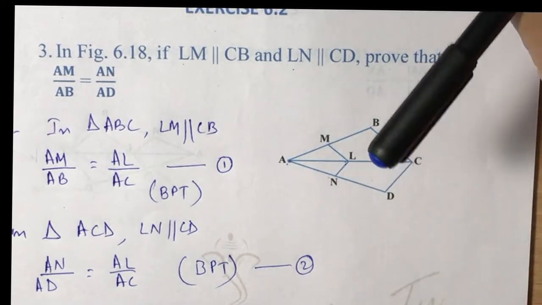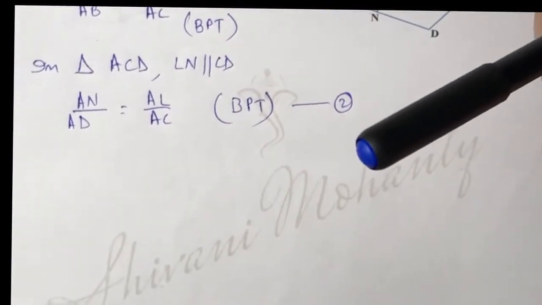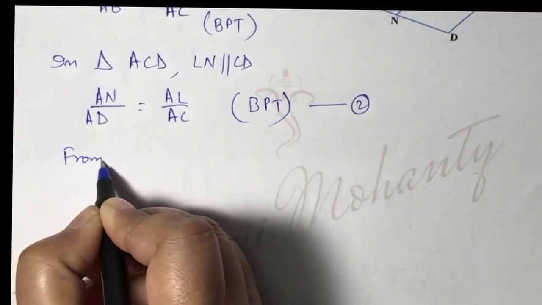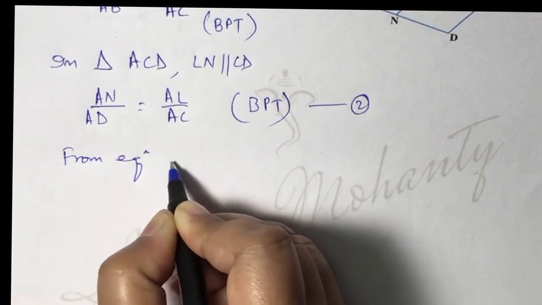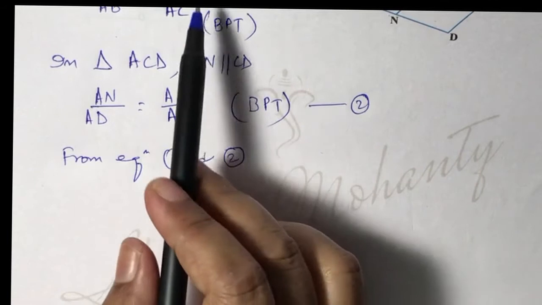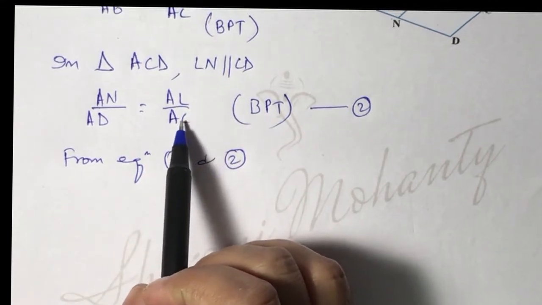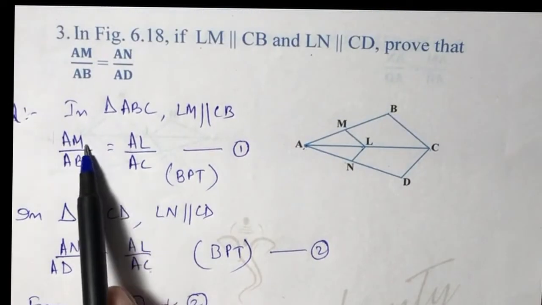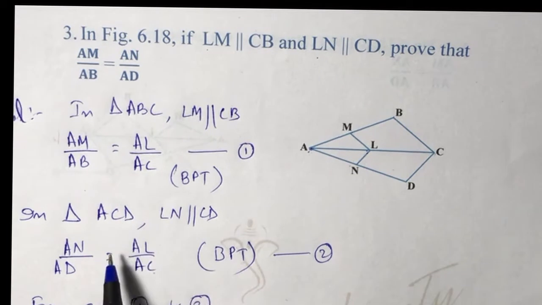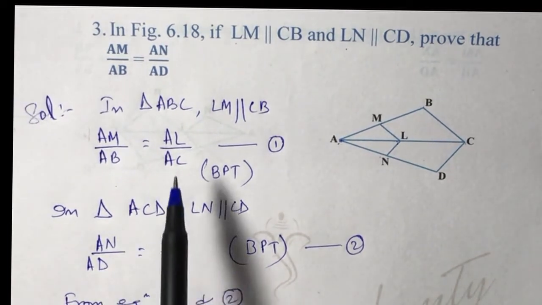So from equation 1 and 2, what can I write? See, the RHS is equal. Here we have AM by AB is equal to AL by AC, and here I have AN by AD is equal to AL by AC.